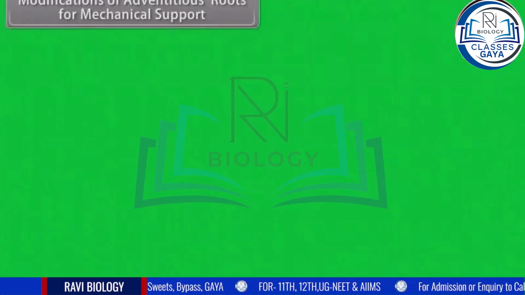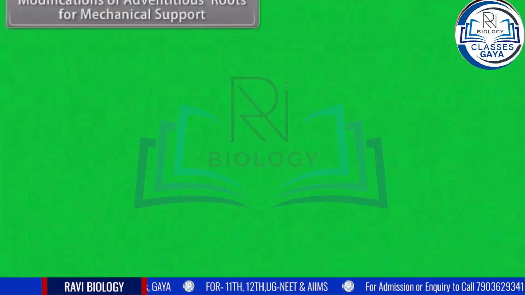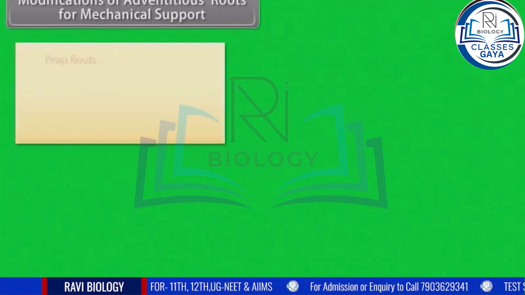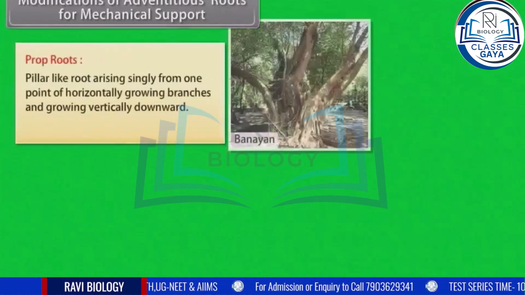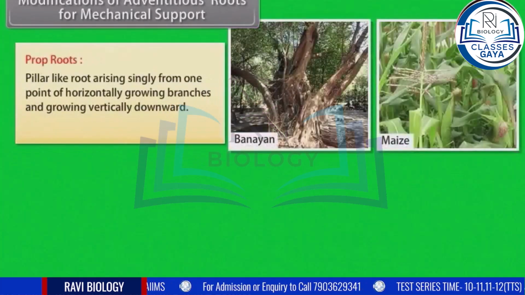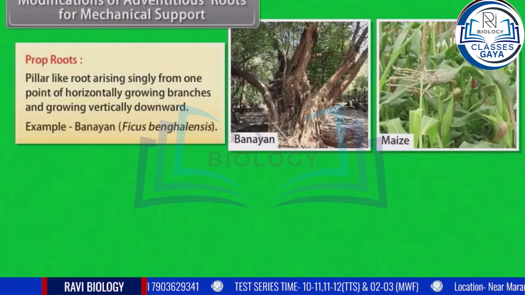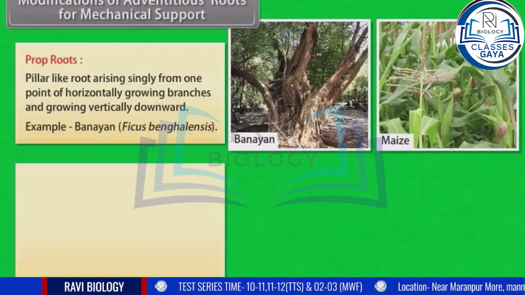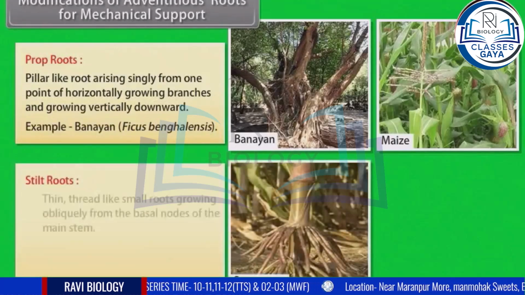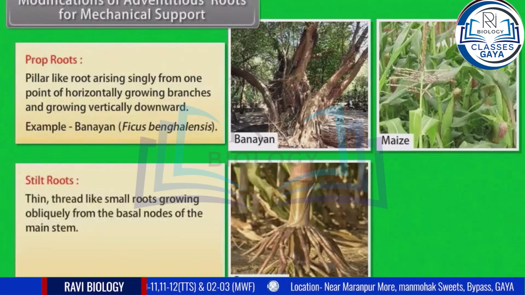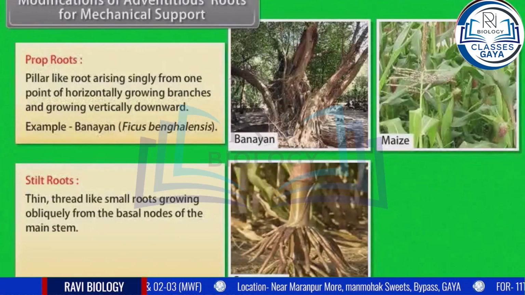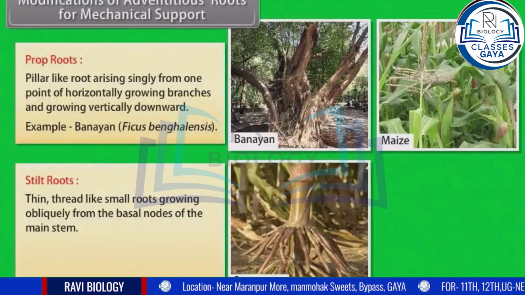Modifications of adventitious roots for mechanical support. Prop roots: pillar-like roots arising singly from one point of horizontally growing branches and growing vertically downward. Example, banyan. Stilt roots: thin, thread-like small roots growing obliquely from the basal nodes of the main stem.